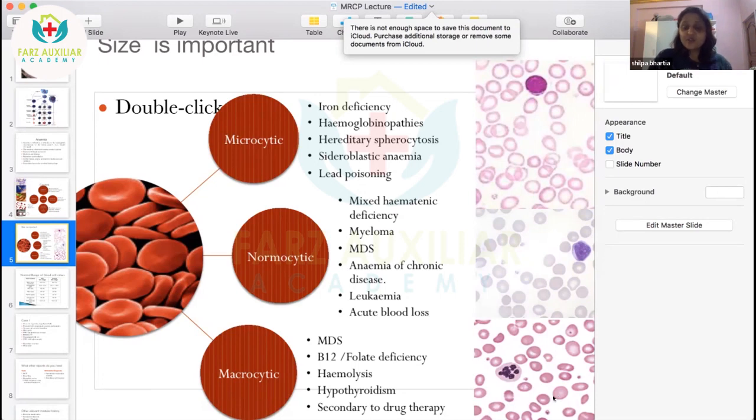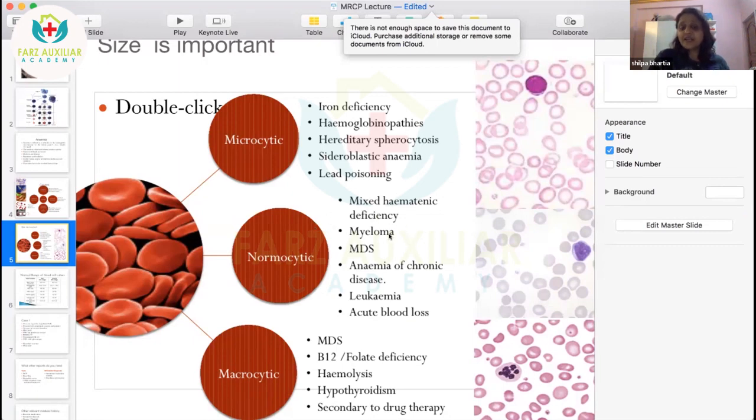If you look at the overall MCV, it's an average, right? So it balances out and you get a normal MCV. But what you have to see is the red cell distribution width, which I will talk to you about in a complete hemogram.